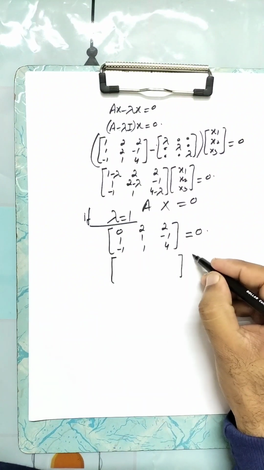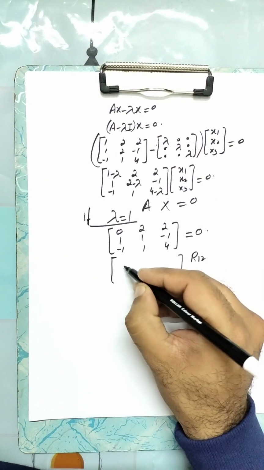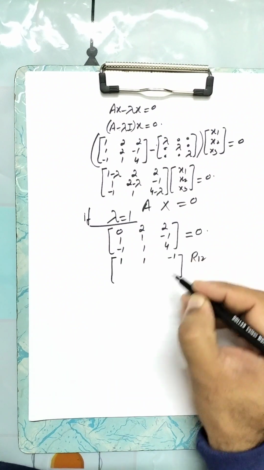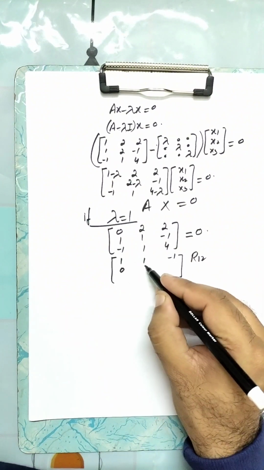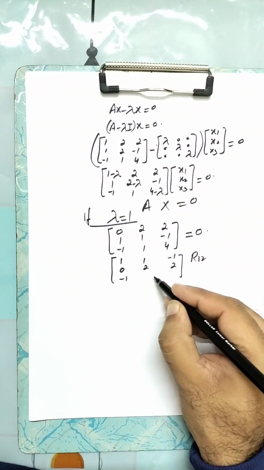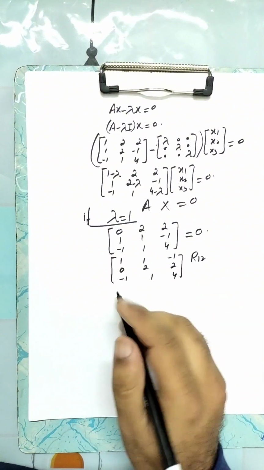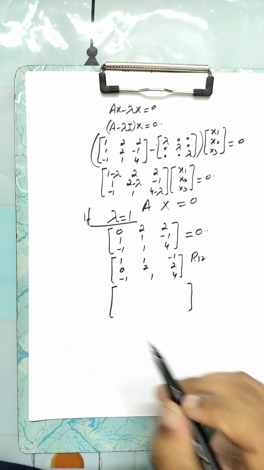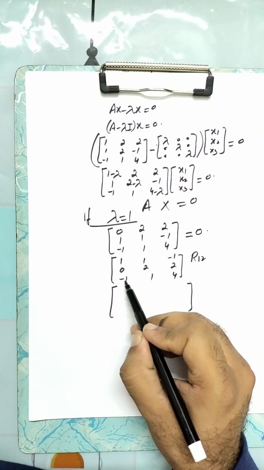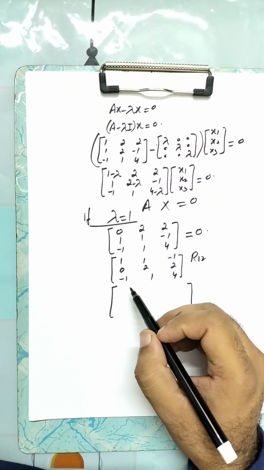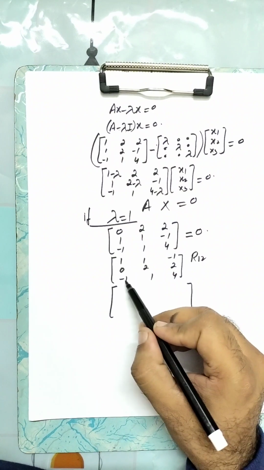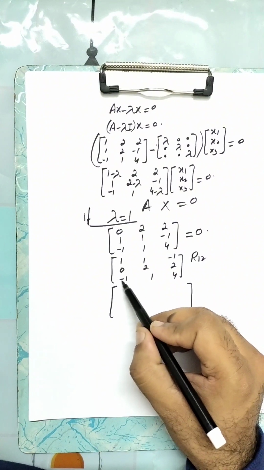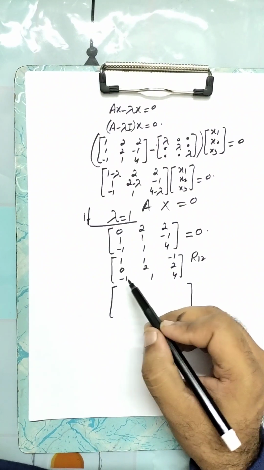First we interchange R1 and R2. So this becomes 1 1 minus 1, and this is 0 2 2, and this is minus 1 1 4. This is pivot point 1, and in here this minus 1 is replaced by 0.